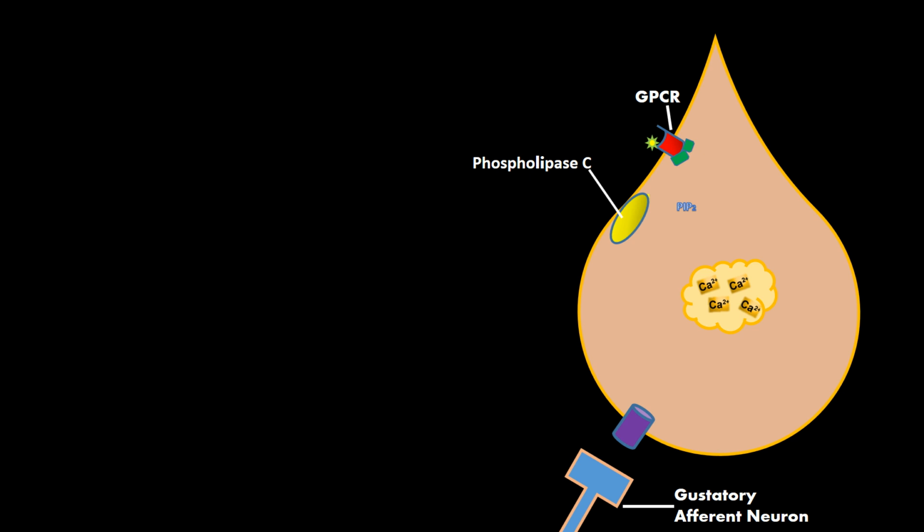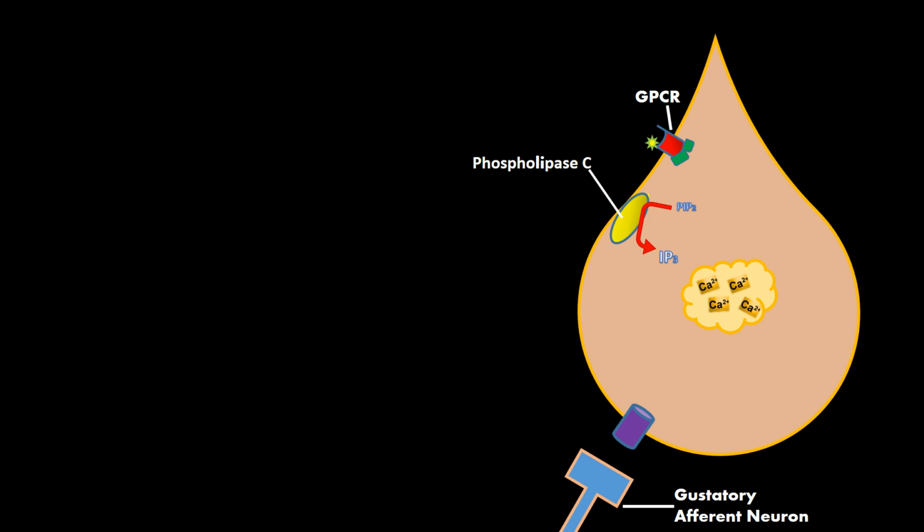When phospholipase C comes into contact with PIP2, it cleaves it into a couple of products, mainly DAG and inositol triphosphate, which is IP3. We're not going to pay attention to DAG, but we're going to pay attention to IP3 because IP3 is what's going to contribute to the main physiology of this cell.